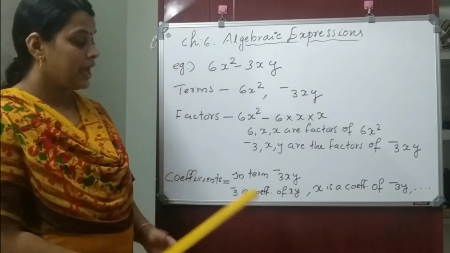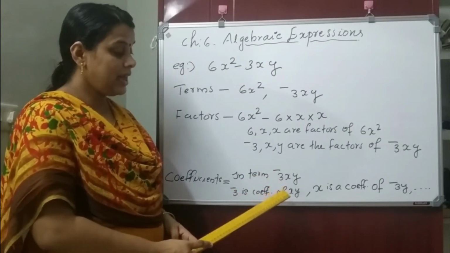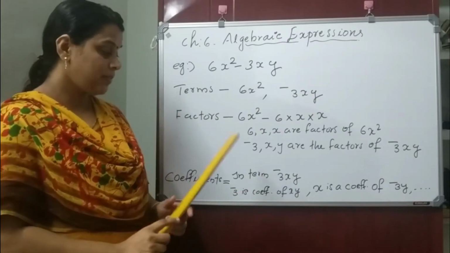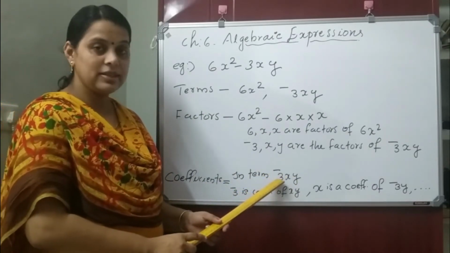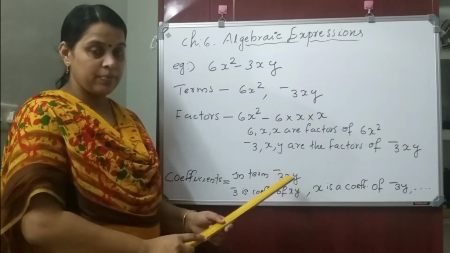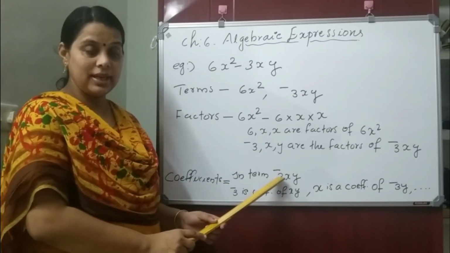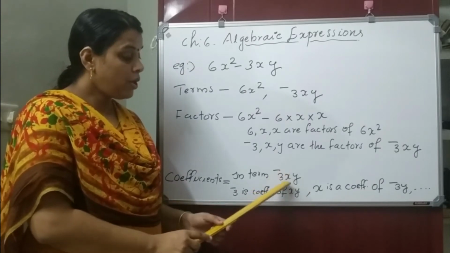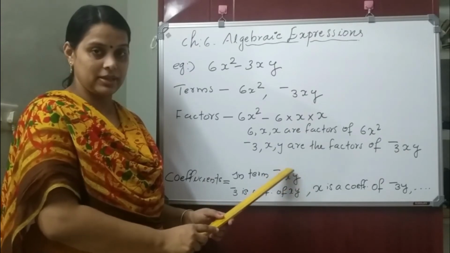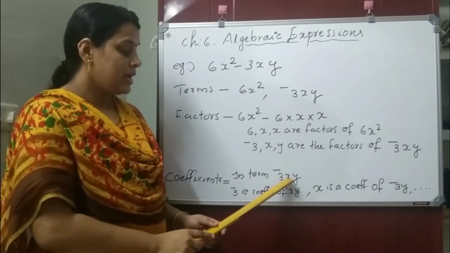That means a factor in this term or any term is a coefficient of the product of the other factors. It means, listen: in minus 3xy, minus 3 is a factor, x is a factor and y is a factor of this term. So minus 3, the first factor, is a coefficient of the product of the other factors. The other factors are x and y, the product of the other factors. So minus 3 is a coefficient of xy, and x also is a factor.